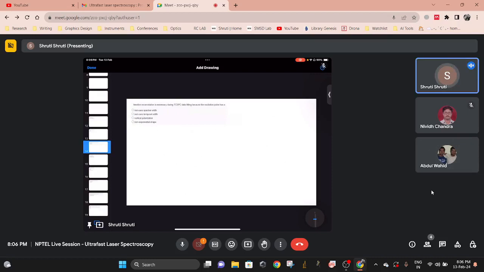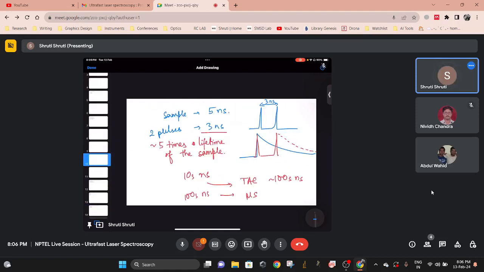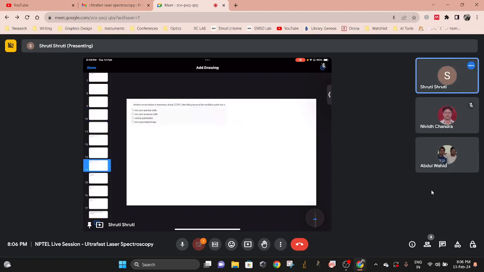Iterative reconvolution is necessary during TCSPC data fitting because of the excitation pulse. Now, the same thing which I explained here, I'll explain it again. The pulse is not a delta pulse. It will be like this. It's not sharp like a delta pulse.